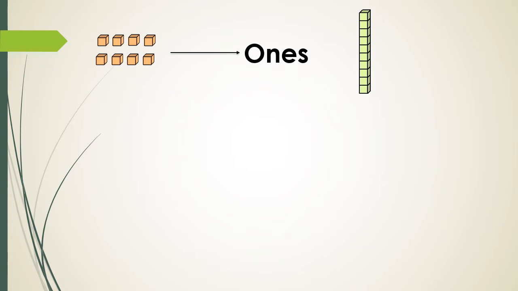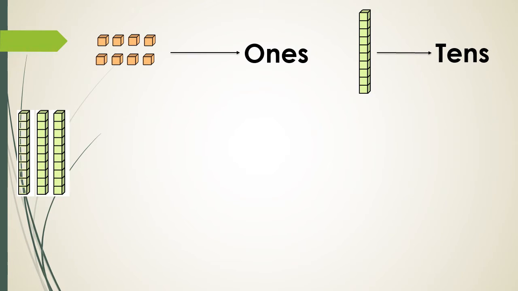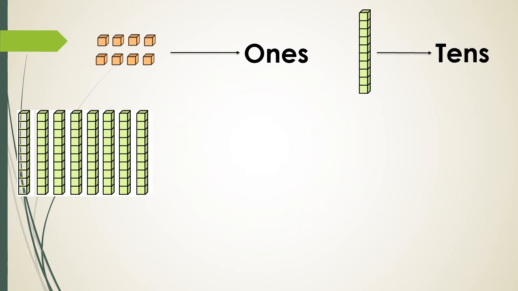Look at this. I have 1 ten. 10 means tens. Now pay attention. I have 1, 2, 3, 4, 5, 6, 7, 8, 9, 10 tens.